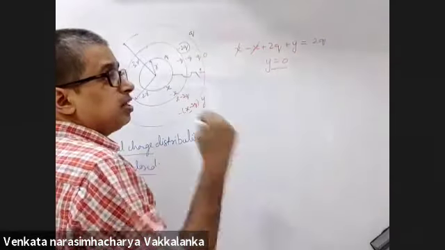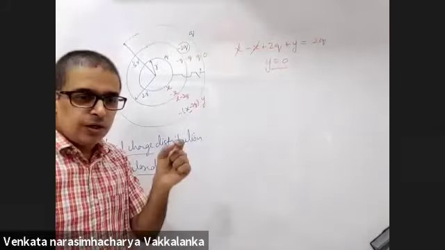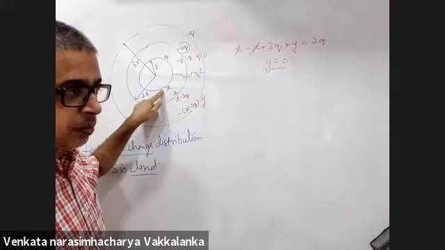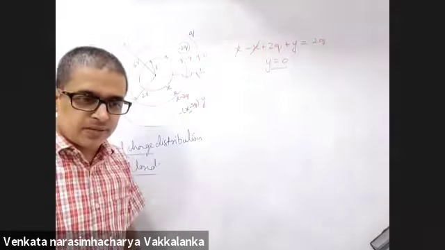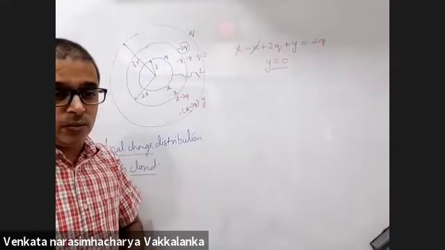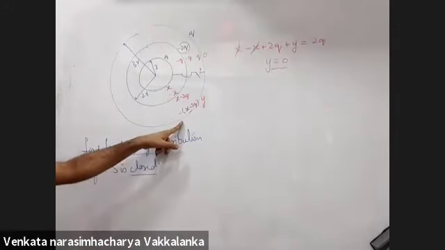Now what other variables do you have? X is the only variable. Due to all the charges, the potential on the innermost sphere should be equal to the potential on the outermost sphere.